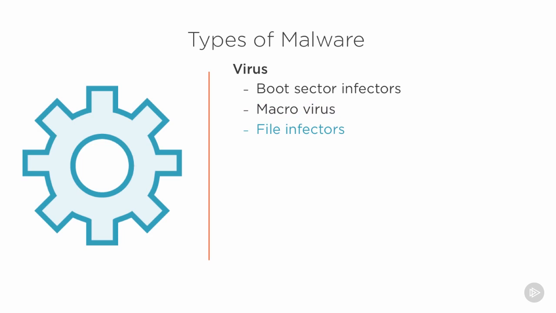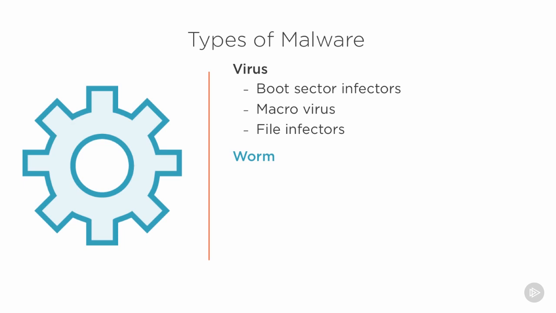A virus itself is something that quite often requires the user to do something. The virus gets on the machine, but quite often requires the user to open the attachment or open the link before they're actually properly infected with that virus. That's a little different from something like a worm.